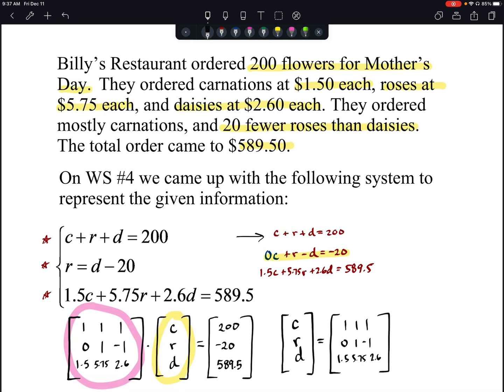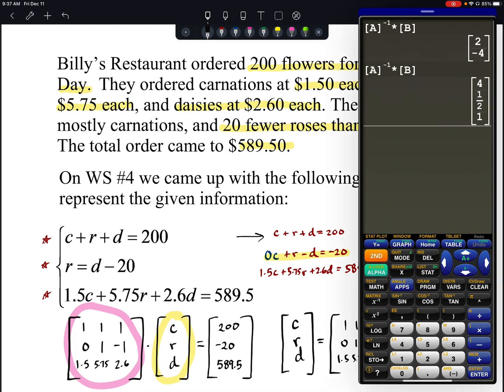Kind of bled those ones together, sorry. Don't forget to take your inverse. I know I've marked it every time. Hopefully that means you're going to check for it every time. And we're going to multiply that times our 200, negative 20, and 589.5. So if I was to try to make you do this by hand, you'd probably hate me forever. So again, let's pull out our calculator and do it right on there, whichever model you like to use.